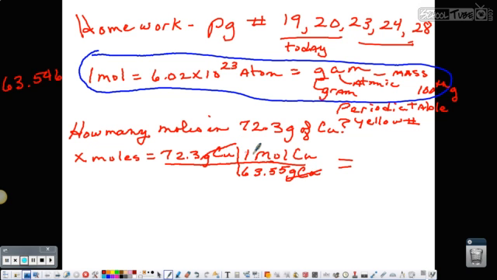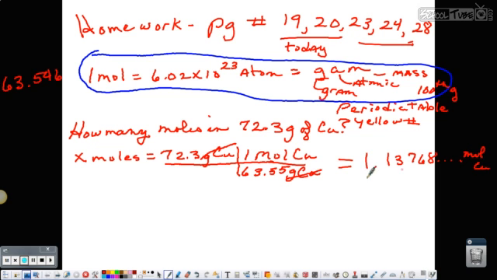And when I do my arithmetic with my calculator, I got 72.3 divided by 63.55, and my answer is going to be 1.13768 moles Cu.